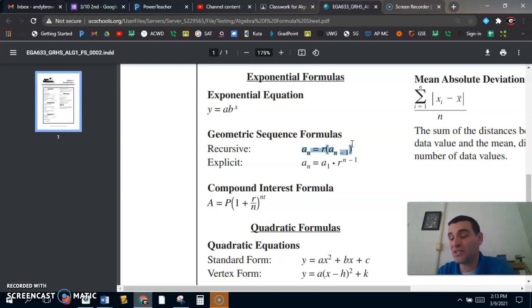When you see n minus 1 as a subscript, it means the previous term. So a sub n is the current term. A sub n minus 1 is the previous term. So it's just saying to take each number and multiply it by, to get from one term to the next, multiply by the common ratio.